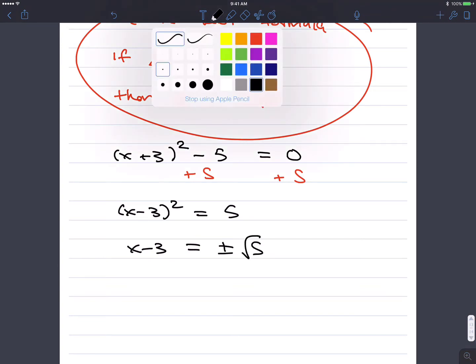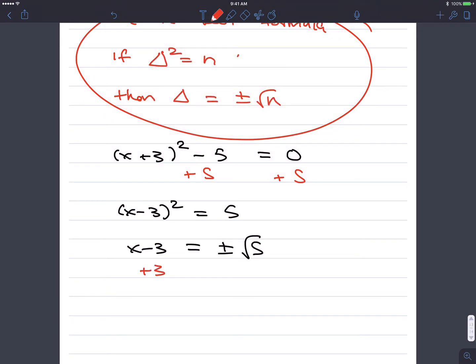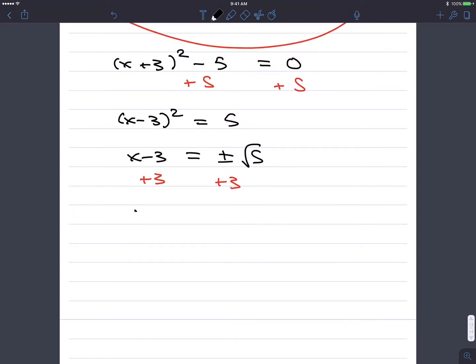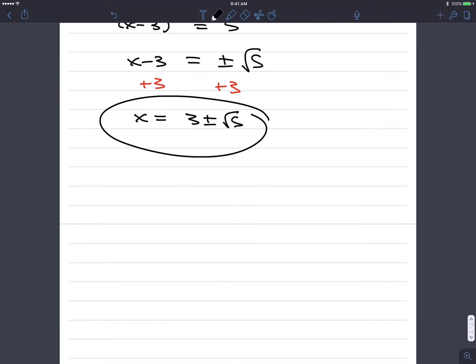And now we're able to solve for x, get x by itself by subtracting 3 from both sides. And notice what you have here: x is negative 3 plus or minus the square root of 5. And as a solution set, you can see this as the following: negative 3 plus the square root of 5 and negative 3 minus the square root of 5. So here is our answer. And notice that square root of 5 here can't be simplified.